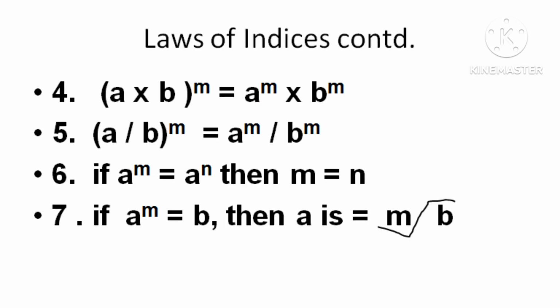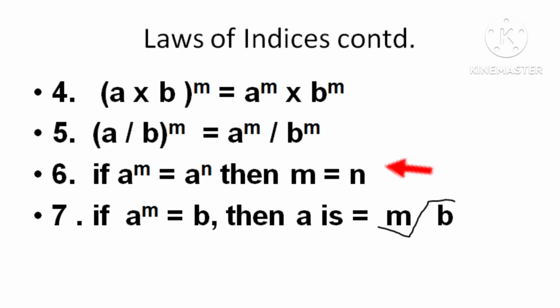On similar lines, the following rules can be framed. Rule 4. a multiplied by b, raised to m, is equal to a raised to m multiplied by b raised to m. Rule 5. a upon b, raised to m, is equal to a raised to m divided by b raised to m. Rule 6.